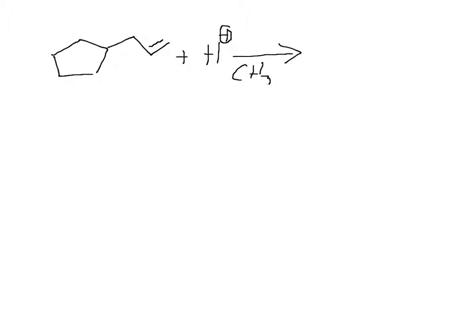All right, let's look at a problem where we have, say, H plus, and then we have CH3OH. Like every reaction we do, we have to ask ourselves, what's our electrophile, what's our nucleophile? The problem with this is now you have 3 things. Most of the reactions you only have 2.